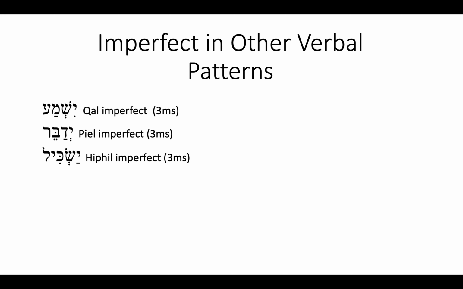Now let's look just briefly at the imperfect in some other verbal patterns. We talked about this a bit in class, but I think they're worth going over. How do you tell the difference between a call imperfect, a PL imperfect, and a HIFIL imperfect? This is where that chart that I've handed out in class comes in handy. You should take some time to compare the columns and see if you can glom onto some specific differences that help you parse these verbs.